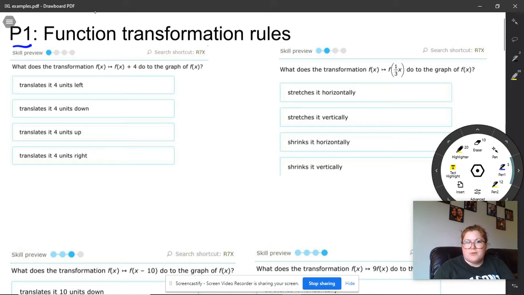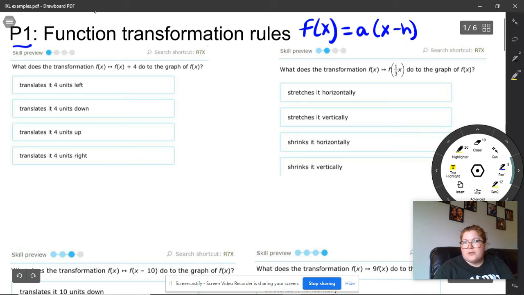It's a parent function. So remember, when we talk about parent functions, we have a function, let's name it f of x, and it equals a times x minus h plus k. So remember, h is our horizontal change, which is left or right.